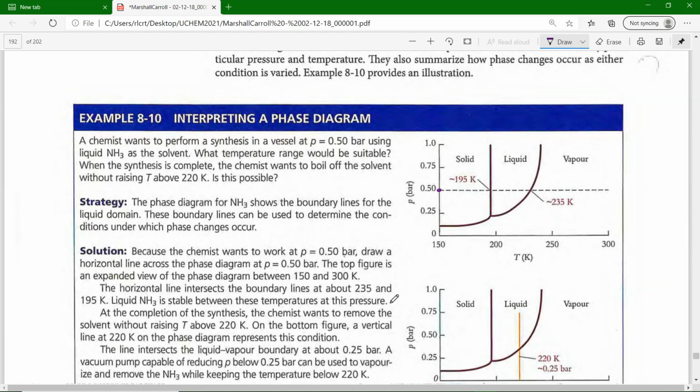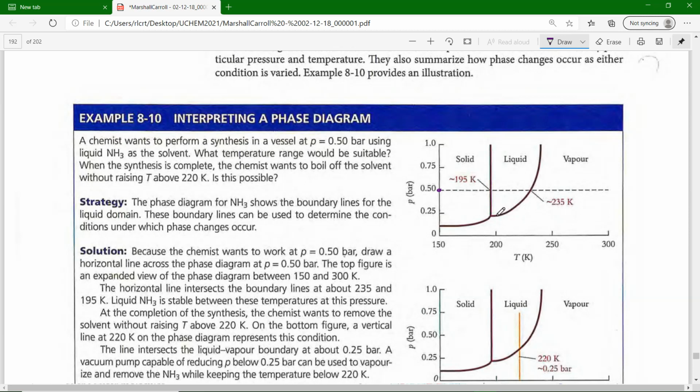At the completion of the synthesis, the chemist wants to remove the solvent without raising the temperature past 220. So to remove the solvent, you want to go to gas, you want to start decreasing the pressure, right? A vacuum pump capable of reducing pressure below 0.25 bar. Okay, so you want to get it below 0.25.